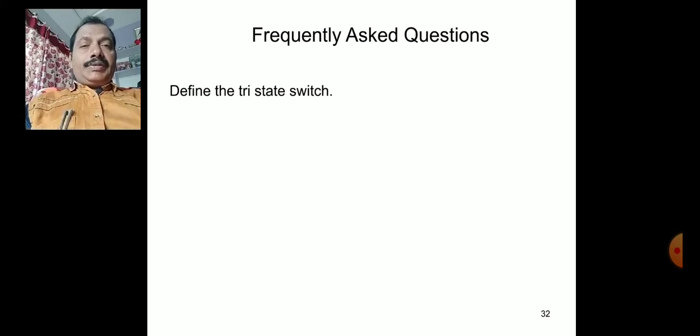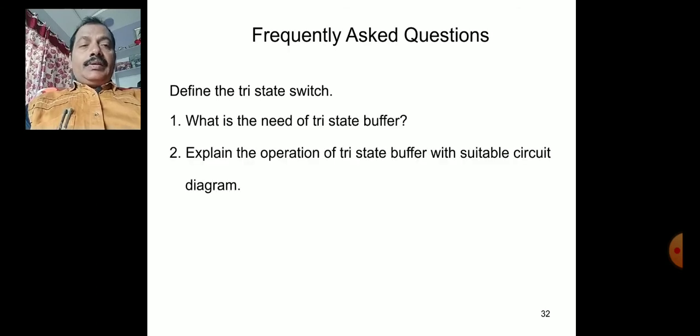Tri-state switch, types, necessity, and importance of the tri-state buffer and decoder, interfacing with the common system bus. We learn them, and what is the necessity of the tri-state buffer and the tri-state buffer explanation.